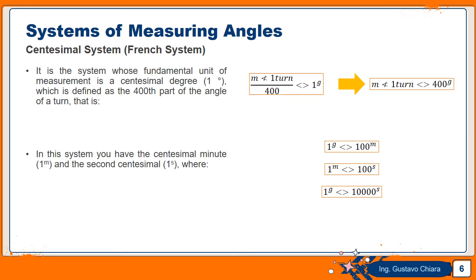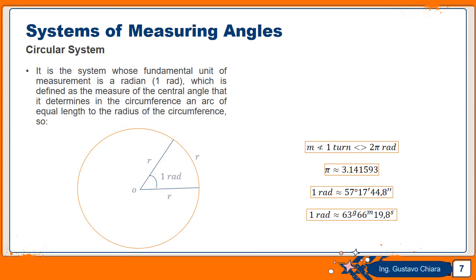So the measure of one turn is equal to 400 centesimal degrees. In this system, you have the centesimal minute and the centesimal second. So 1 centesimal degree is equal to 100 minutes, 1 minute is equal to 100 seconds, and so 1 centesimal degree is equal to 10,000 centesimal seconds.